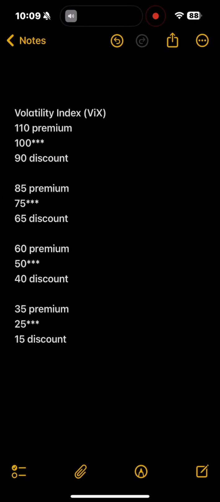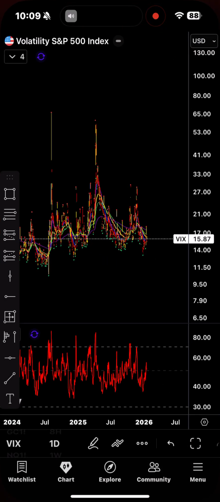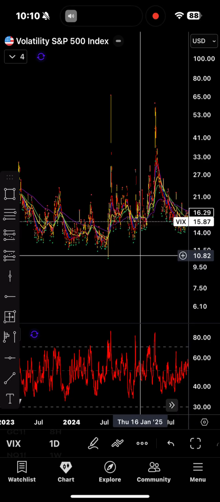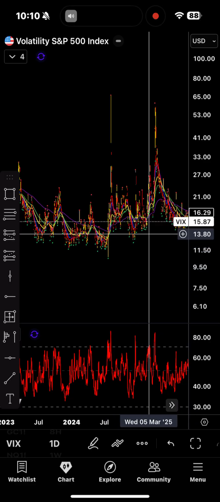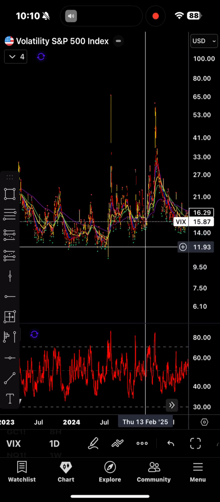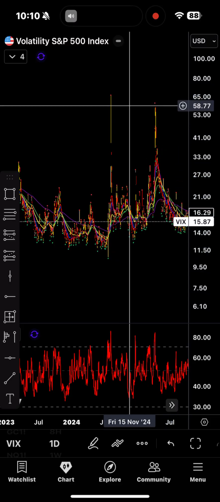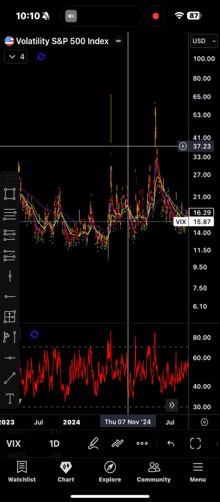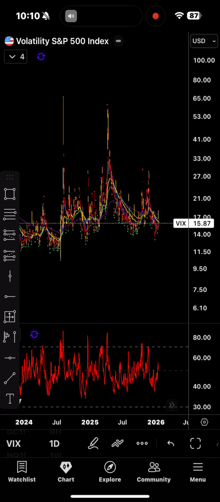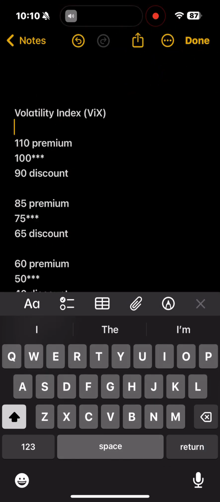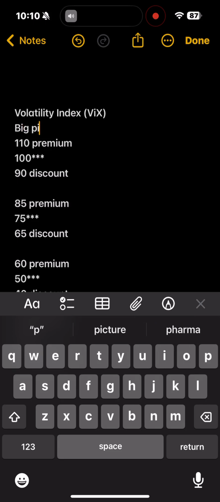From history, from what I understand, it doesn't really go to 10%. It stays around 15, 14, maybe 13.5, right? And then it spikes. Whenever the VIX spikes, the market crashes, if that's what we want to call it. I call it dips. It's not really a crash. Crash means it's going to go down there and stay down there.